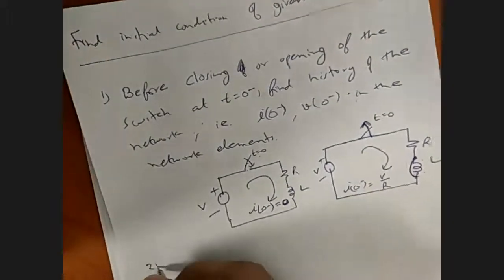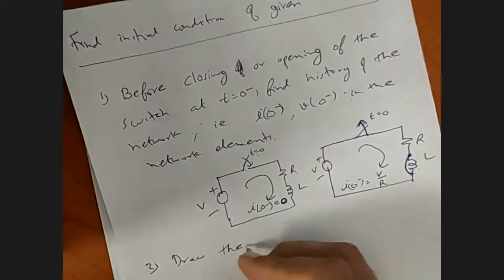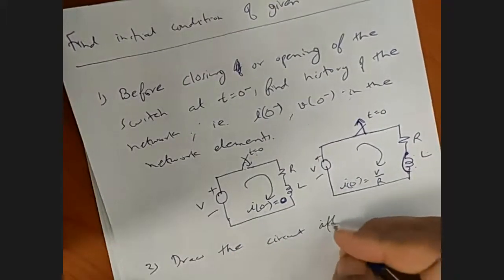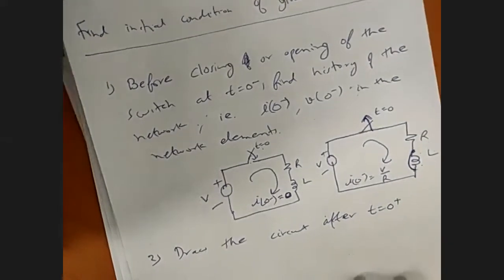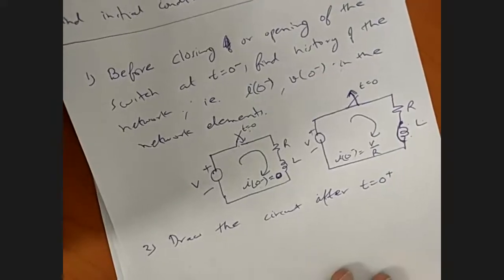Then second, draw the circuit after t equal to 0 plus. जो आपने सर्किट पे चेंज किया उस सर्किट को आप वापस ड्रॉ करें.